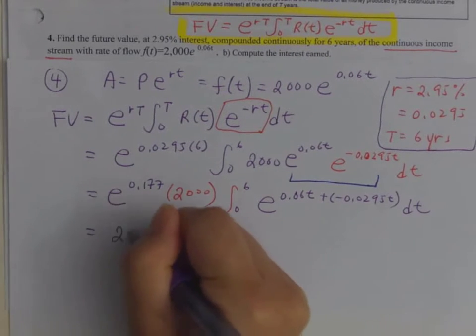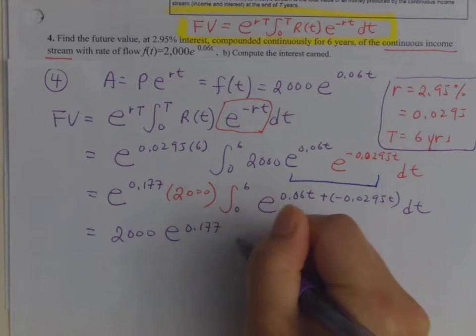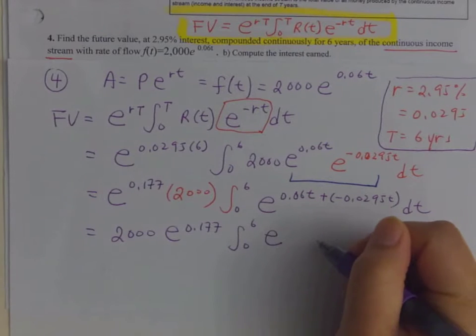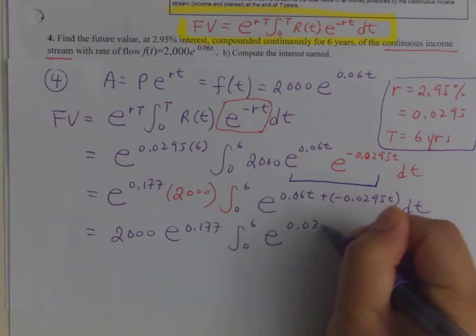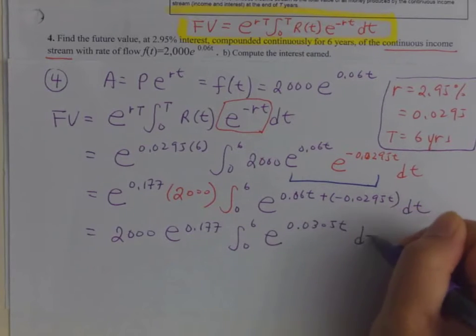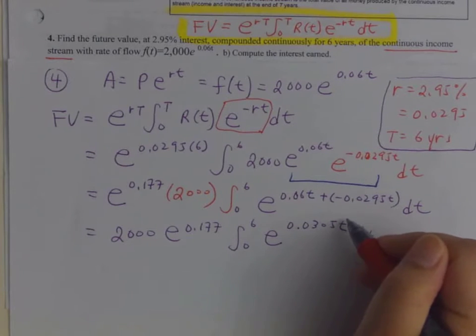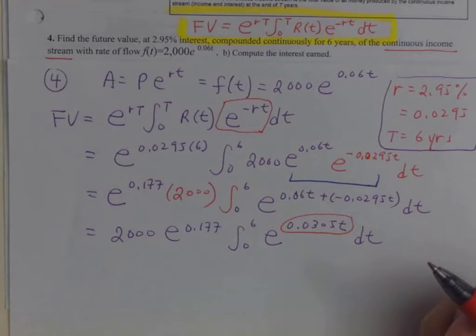So we've got 2000 e^0.177, and then taking the integral of e, when you combine those two numbers, we get e^(0.0305 t) dt. So there are two ways to approach this. I'm going to show you both ways of taking the integral of e raised to a function.